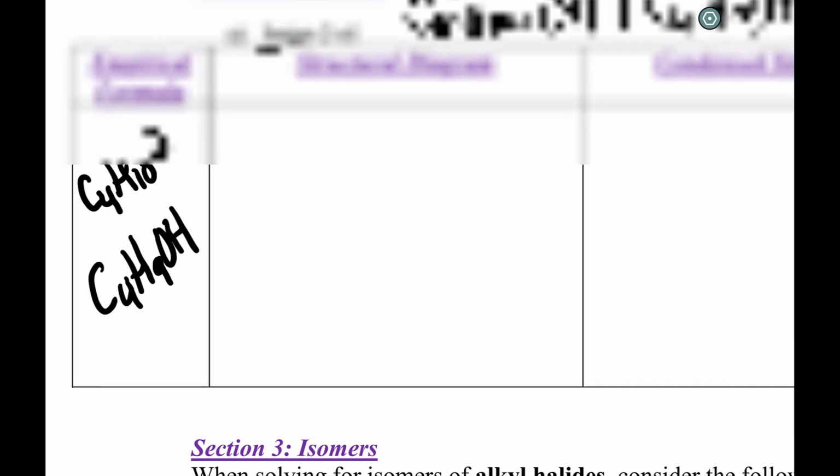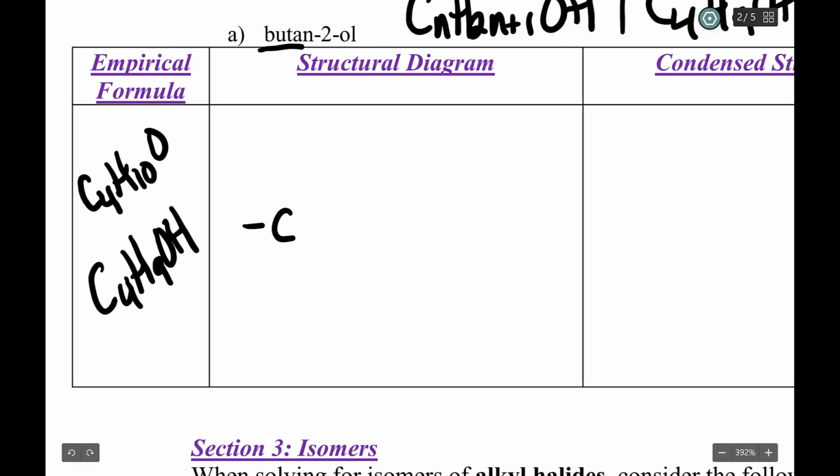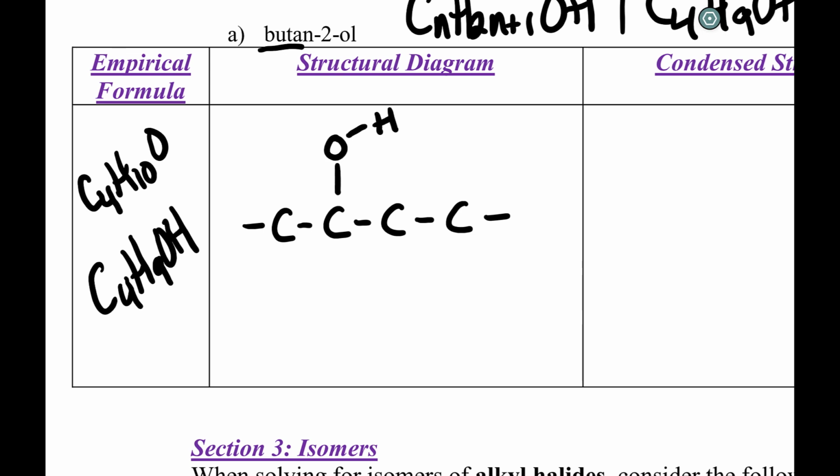We're going to put 4 carbons in a row for the but. We're going to put the alcohol group on the second carbon. It's a 2-ol, so I'm going to go OH. Now, I'm putting this as a kink because if you remember from bonding, this oxygen here has a bent shape because it has 2 lone pairs, 2 bonding areas.